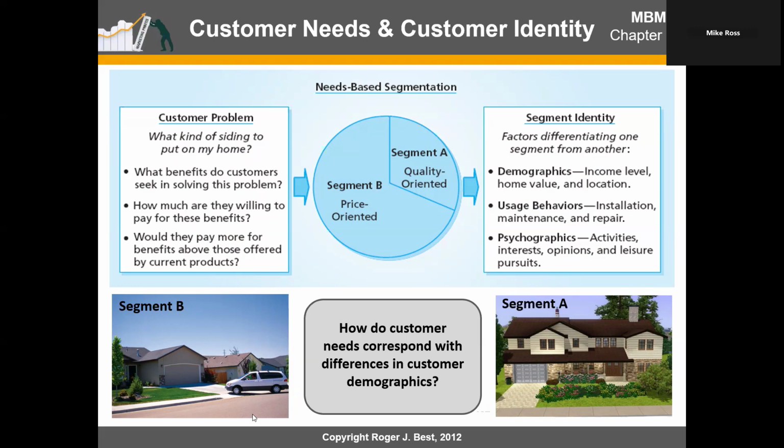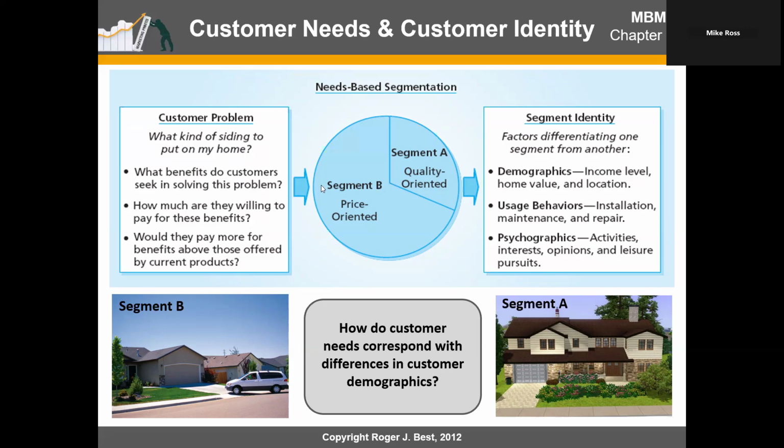If you own a home or you grew up in a single family dwelling, you could appreciate that siding might be a great thing for a homeowner to invest in because it would hopefully protect the value of the home. It would save on painting cost. You wouldn't have to paint the house every few years and so on.